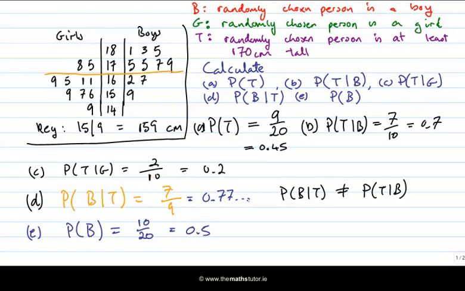So you see that being told that the person is at least 170 tall changes the probability that they're a boy. So that's one way to interpret conditional probabilities. A conditional probability says, I have some extra information, so now what's the probability of my event occurring? Okay, so those are some simple calculations of conditional probabilities.